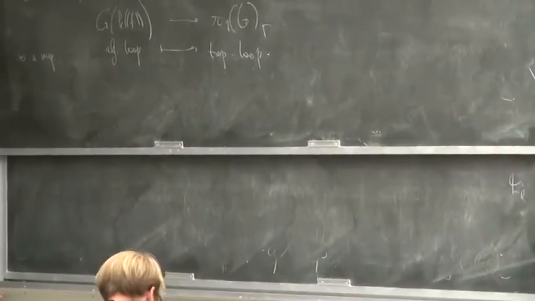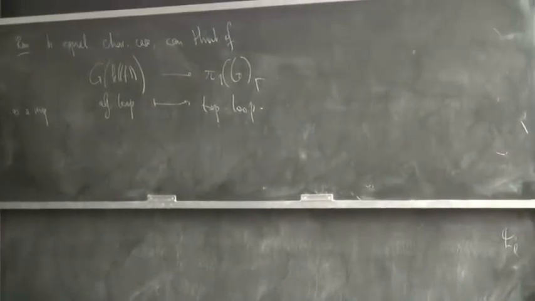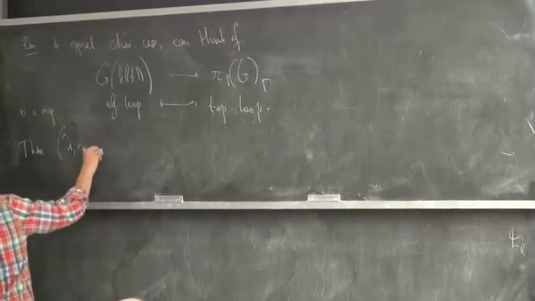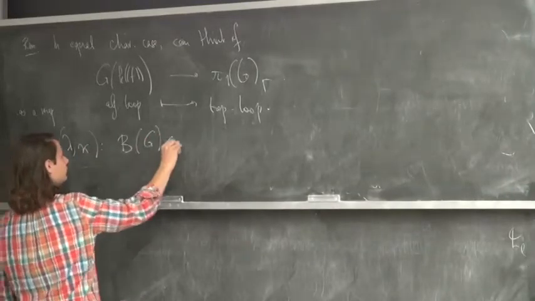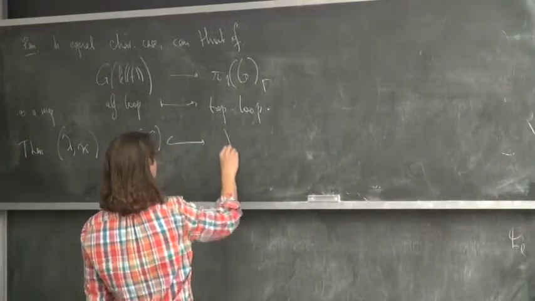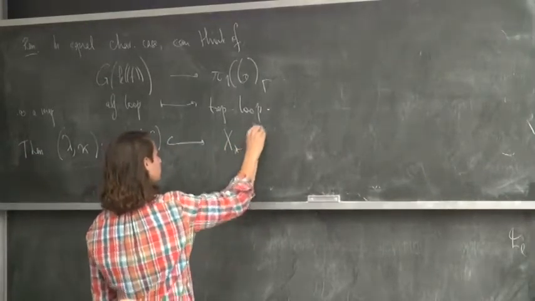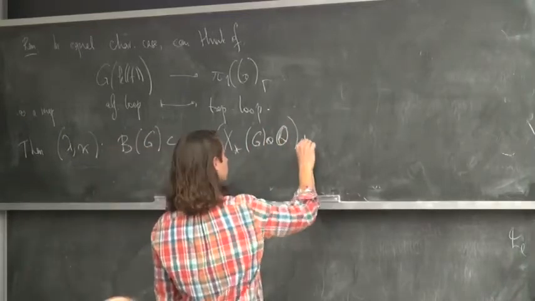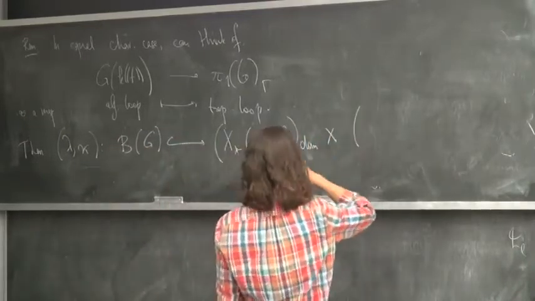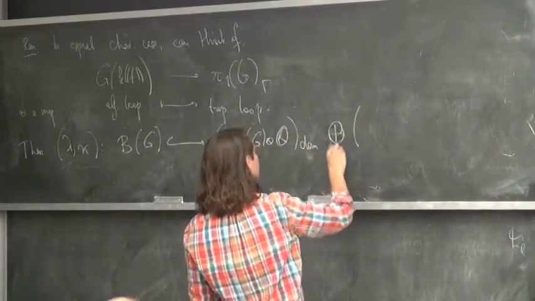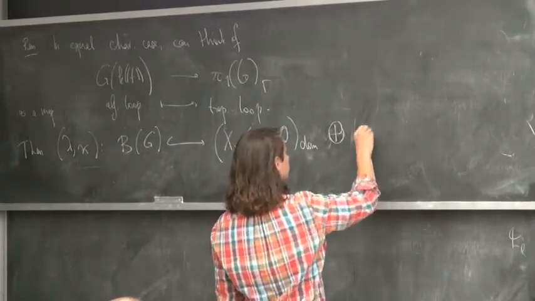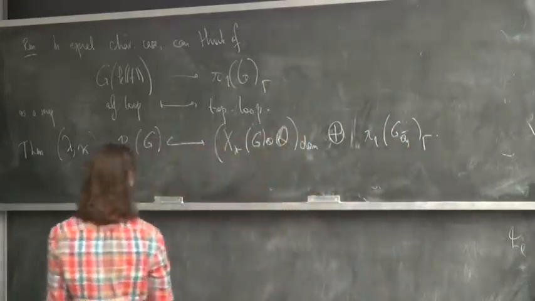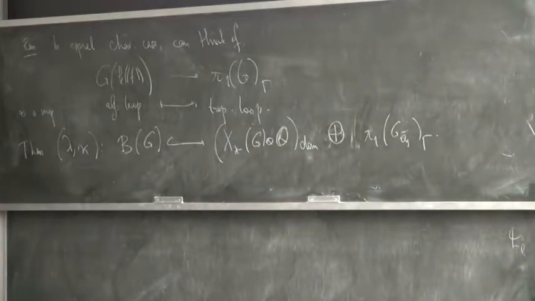Sorry, what is the statement about these two maps? So then, if you take them together, lambda kappa, that's an injection from B of G into the product. It's an injection, and you can describe the image.